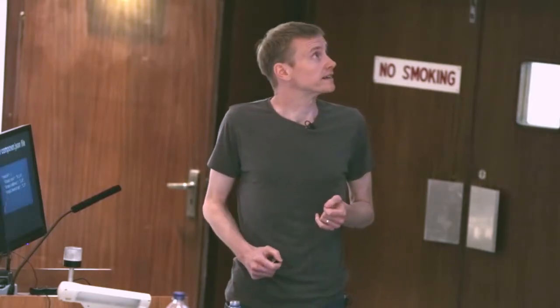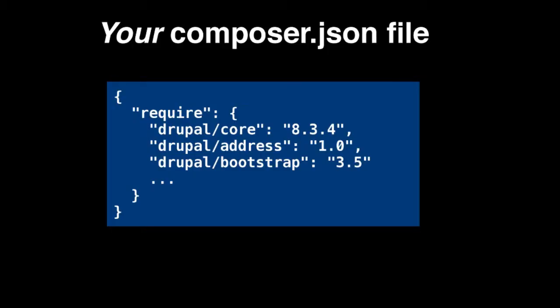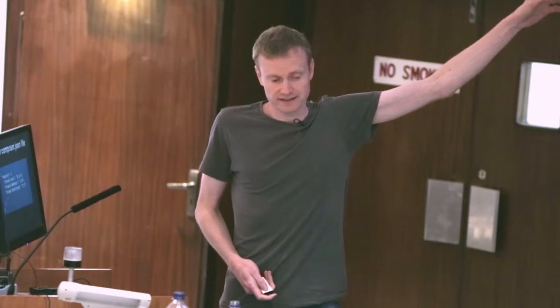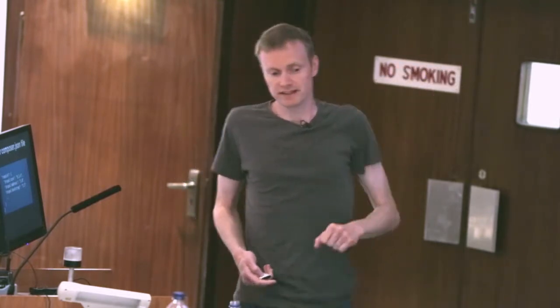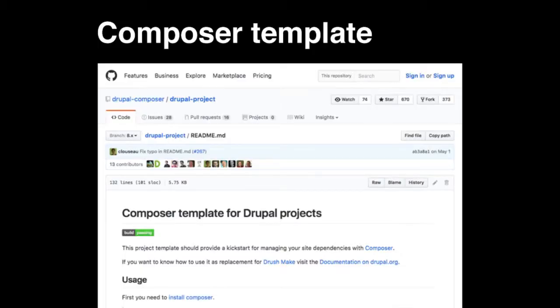I think of the composer.json file as something that you own, as opposed to something that Drupal owns. It's a bit more complicated than that, but that's the gist of it: you say, these are the things I need. This is the project that's currently hosted on GitHub.